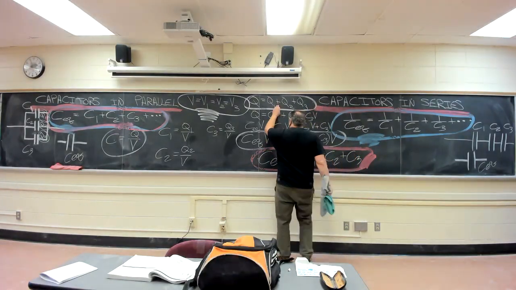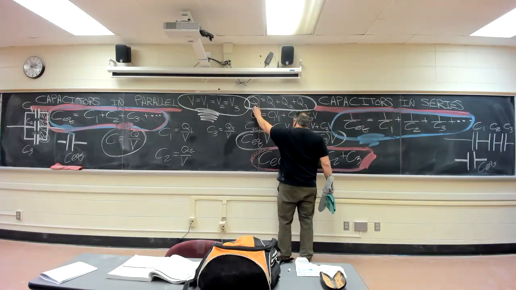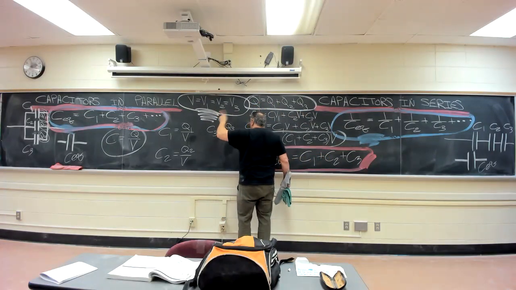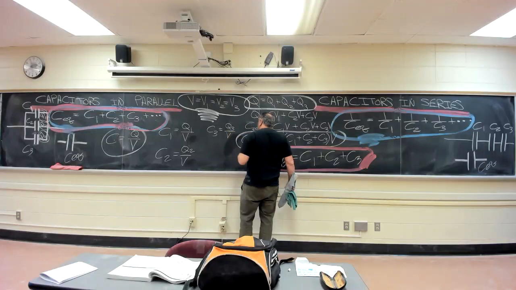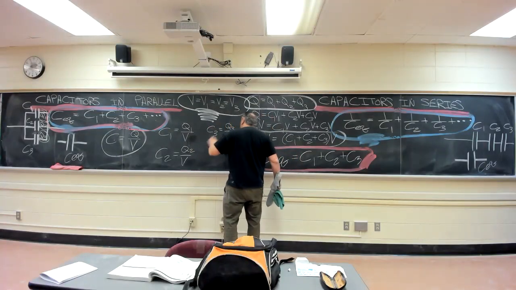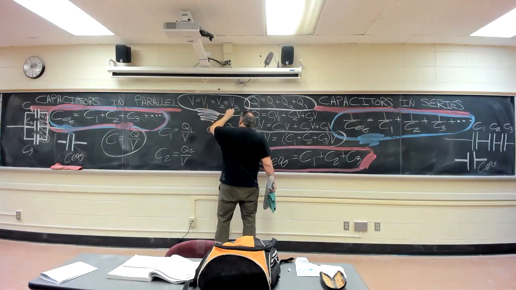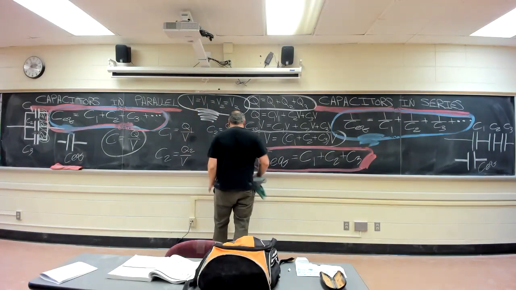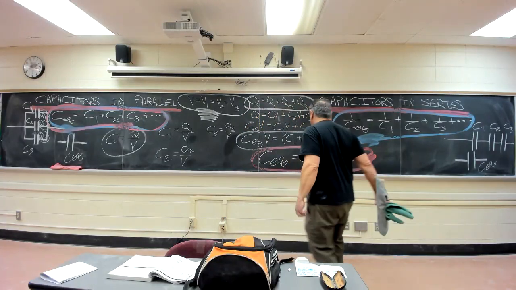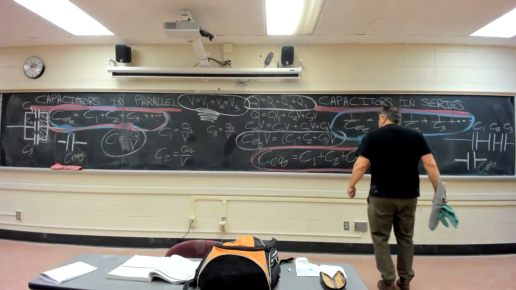You have to add all the charges together to get one big charge. The voltages, however, when they're in parallel, spread out in such a way that the voltages are equal to one another across each capacitor. So V1, V2, and V3 are equal to one another. We'll just call it V. And then we did the mathematics that we did.